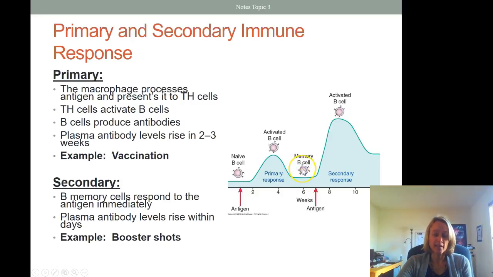So that the next time that we are exposed to the antigen, these memory cells are activated immediately, and the plasma antibody levels rise to a much greater extent and much quicker, within days. Okay, so in the case of being exposed to something, maybe we wouldn't get sick because we have this secondary response so quickly. Another example of producing a secondary response is giving a booster shot.